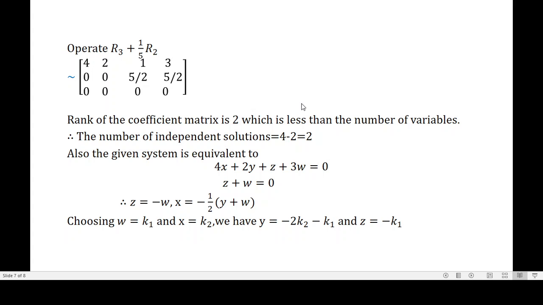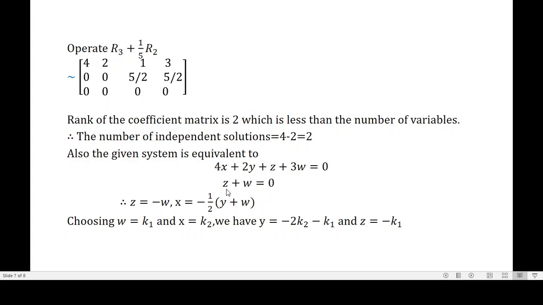How to find the solutions? Now, let us consider the system. The given system is equivalent to this new system. So, we have 4x plus 2y plus z plus 3w is equal to 0. From the second equation, we have 0 into x plus 0 into y plus 5 by 2 into z plus 5 by 2 into w is equal to 0, which gives z plus w is equal to 0.